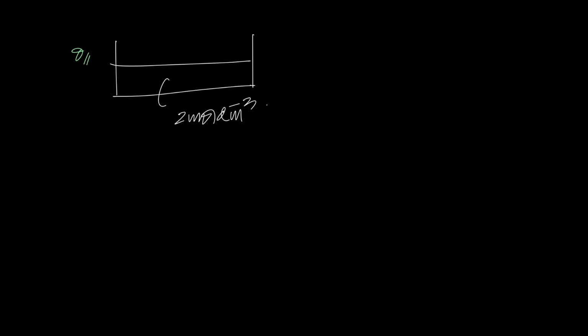Okay. Now, my question to you guys is, you had a beautiful solution of maybe 2 mole per dm cube of HCl, and it had a volume of 50 cm cube, right?